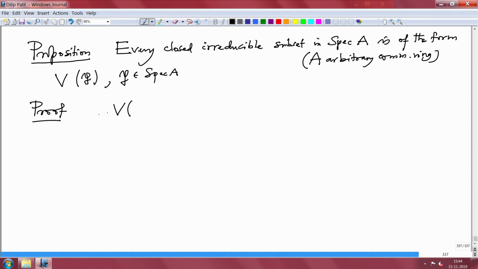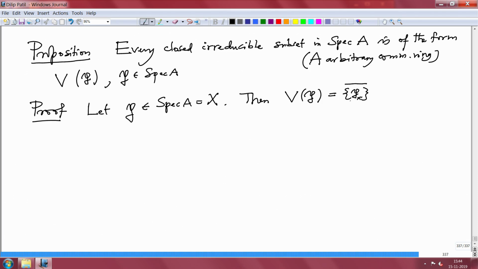First of all, I am proving that if I take P, so let P be a prime ideal in A, which is a point we are calling X, then what is V(P)? V(P) is all those prime ideals which contain P. So, I say this is precisely the closure of this point P, because it contains P and this is closed first of all, and once it contains P, it contains V(P). So, this is a closure of X.